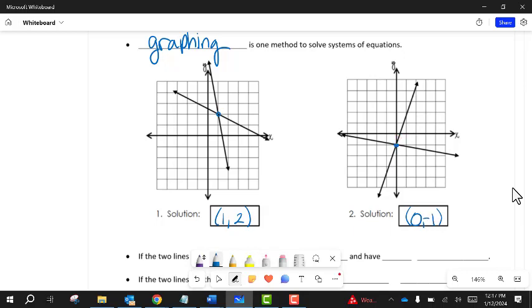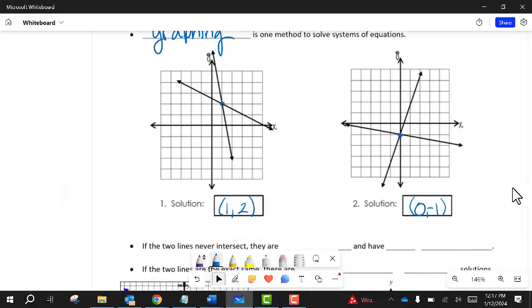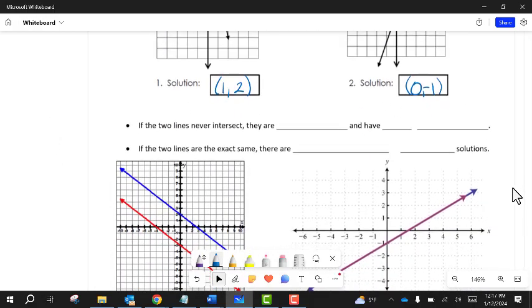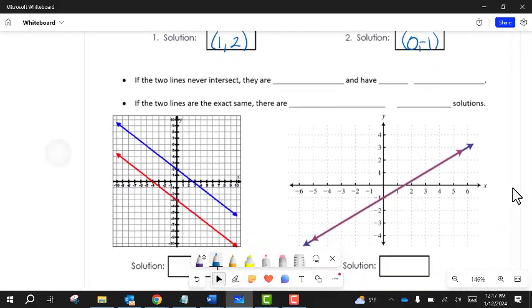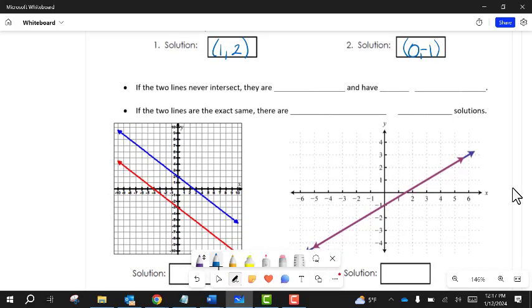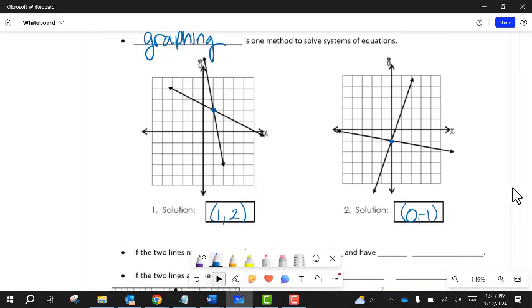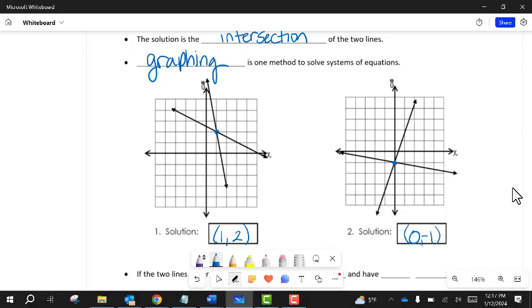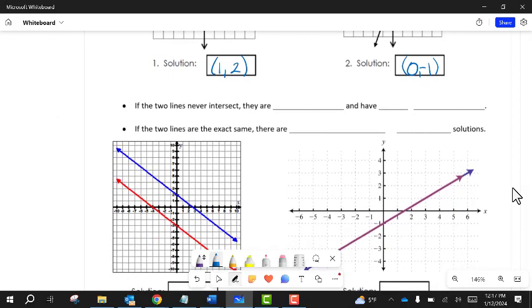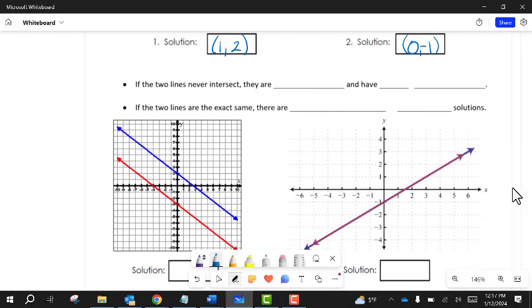All right, there are a couple of special cases when we're talking about graphing lines and having solutions. Up above, in these examples, there's one solution because the lines intersect at one point. Down here, we're going to have those special examples. If the two lines never intersect, that means the lines are parallel, and the answer would be no solution.